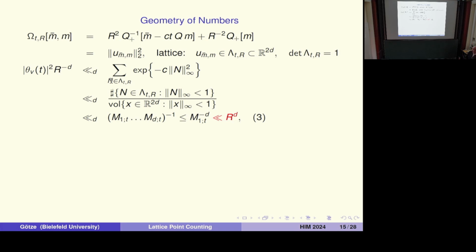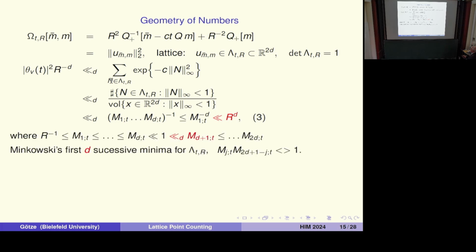So you look for some kind of nearly independent generators of your lattice called Minkowski minima, and look how many times a multiple of each generator still fits into the box. And these are the so-called Minkowski minima, and their reciprocal is this here, and there's the smallest one which you can use to upper bound it, and the whole thing is smaller than r to the d.